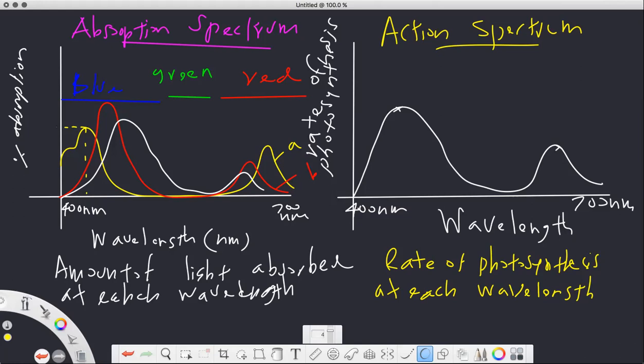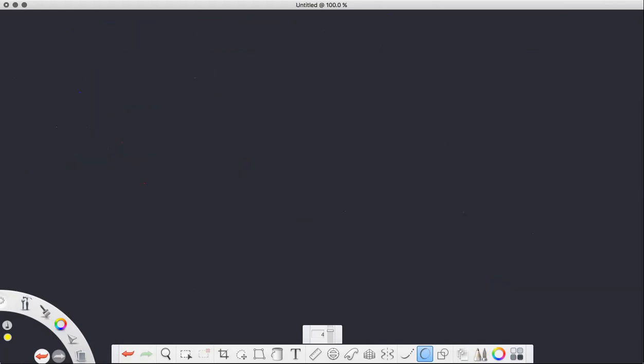Right, next lesson on the notes, it says light dependent reaction, non-cyclic photophosphorylation. Right, let's learn what is this light dependent reaction, non-cyclic photophosphorylation.